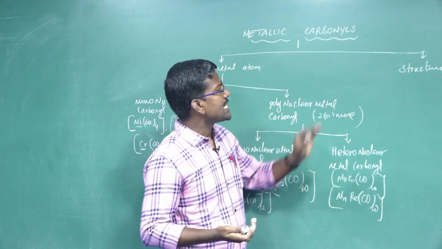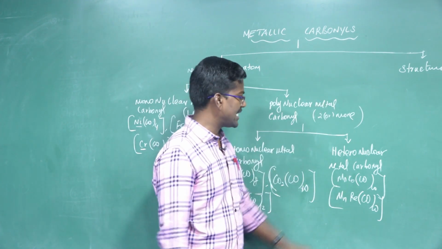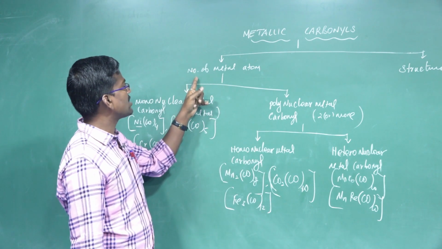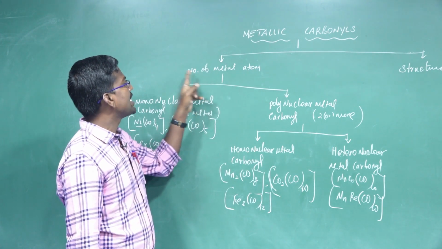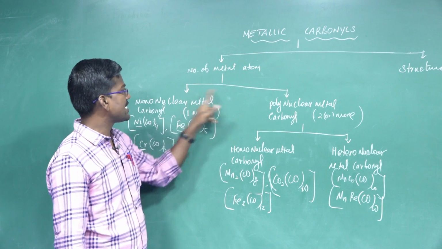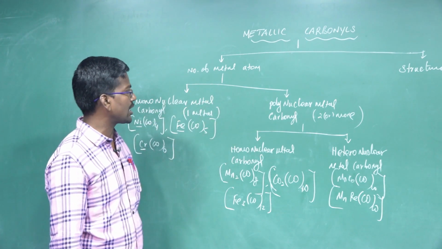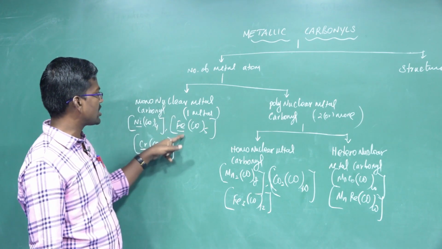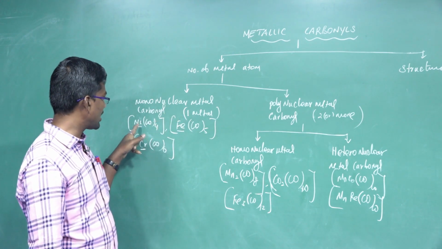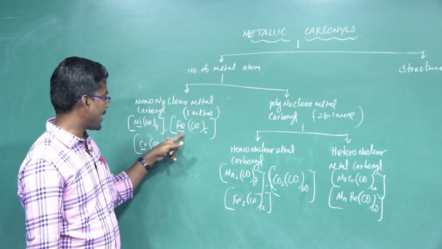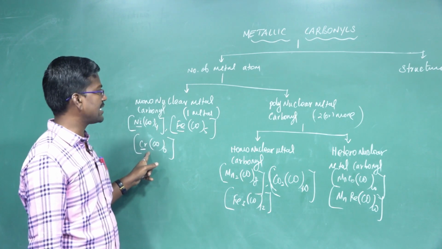Next one is based on the structure. These classifications are all based on the number of metal atoms. Depending upon the number of metal atoms, they are classified into two types: mononuclear metal carbonyl and polynuclear metal carbonyl. Mononuclear metal carbonyl contains only one metal atom, for example nickel tetracarbonyl, iron pentacarbonyl and chromium hexacarbonyl.